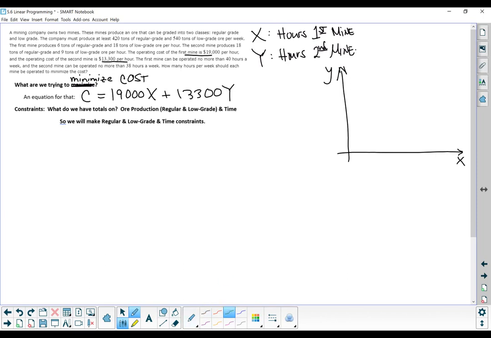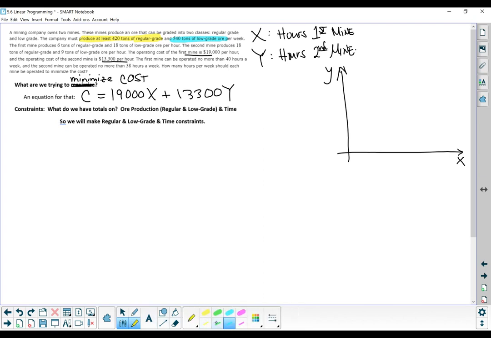When you're looking for constraints, think about what you have totals on. In this problem, we have production requirement totals. We need 420 tons of regular grade ore and 540 tons of low grade ore per week. That is a requirement that they have to meet, so we're going to write an equation for each of those.